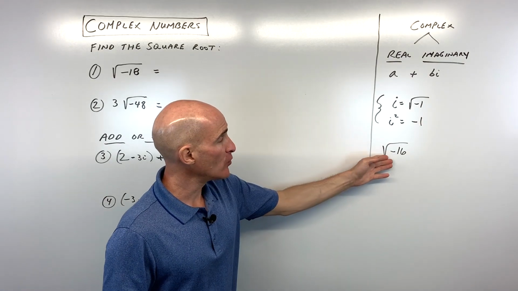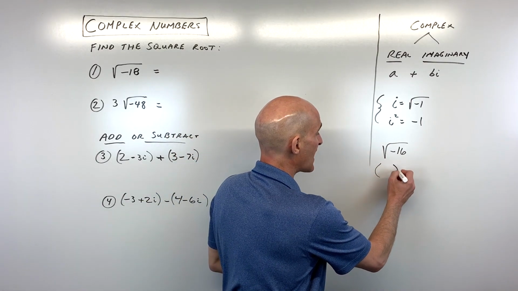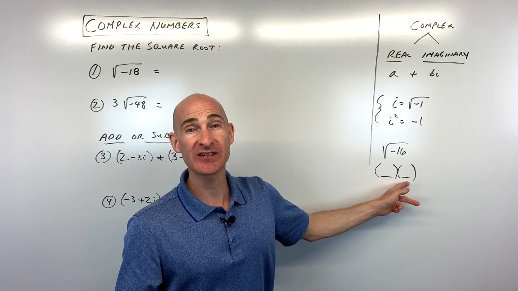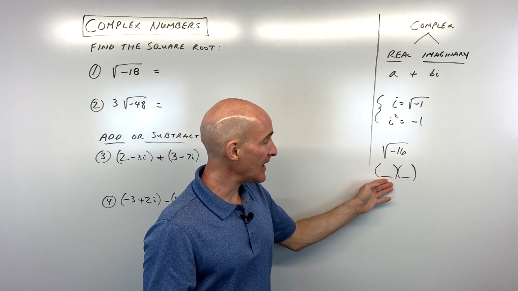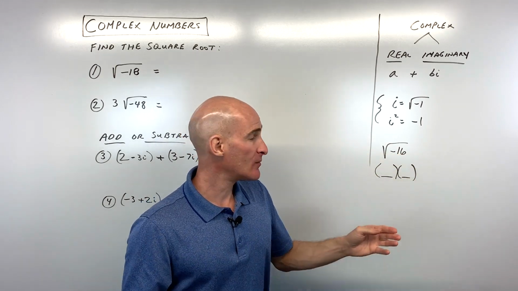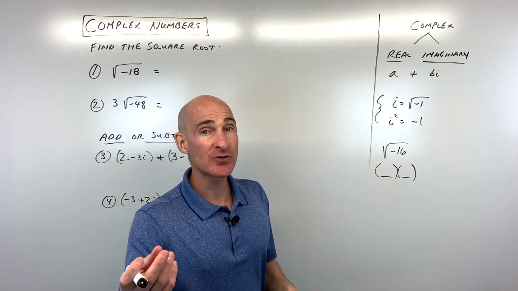So for example, if you wanted to take the square root of like -16, remember when you take the square root, it's asking us, what number times itself equals -16? Well, we know that 4 times 4 is positive 16. -4 times -4 is also positive 16. So how is it that we can multiply the same quantity times itself and get a negative number? That's where i comes in.